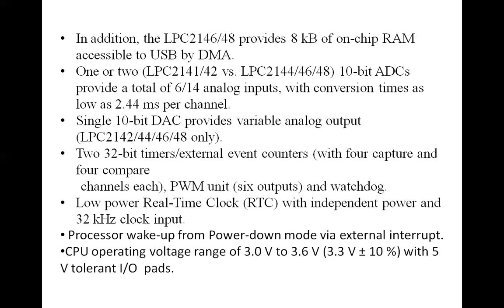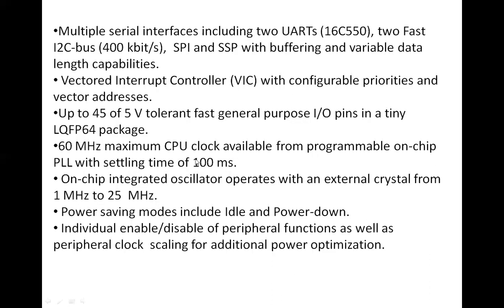Most probably 3.3 volt plus minus 10% tolerance is considered for the external power supplies, with 5 volt tolerant IO pads. Similarly, here you can see multiple serial interfaces. It includes 2 UARTs.